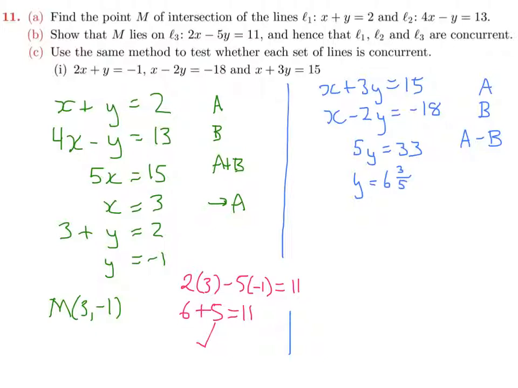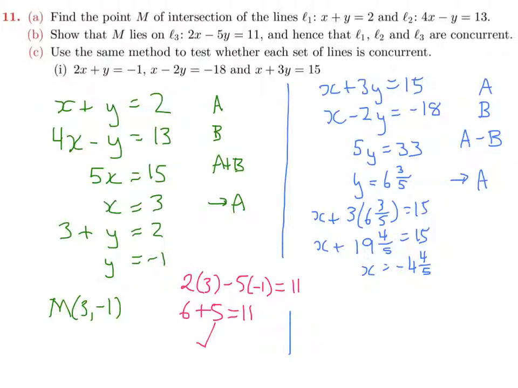Now let's substitute that back into one of the equations. A is as good as any. So we have x plus 3 brackets 6 3/5 equals 15, which means x plus 19 4/5 equals 15, which means x equals minus 4 4/5.